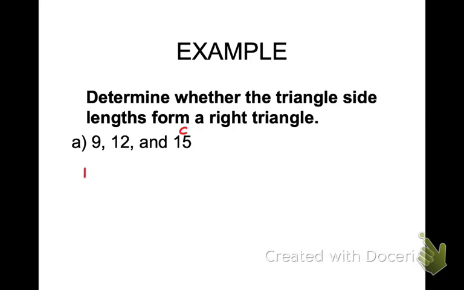So if I do 15 squared, I want to see, does it equal 9 squared plus 12 squared? Well, 15 squared is 225, and then I would go on my calculator and push in 9 squared plus 12 squared, which is 225.